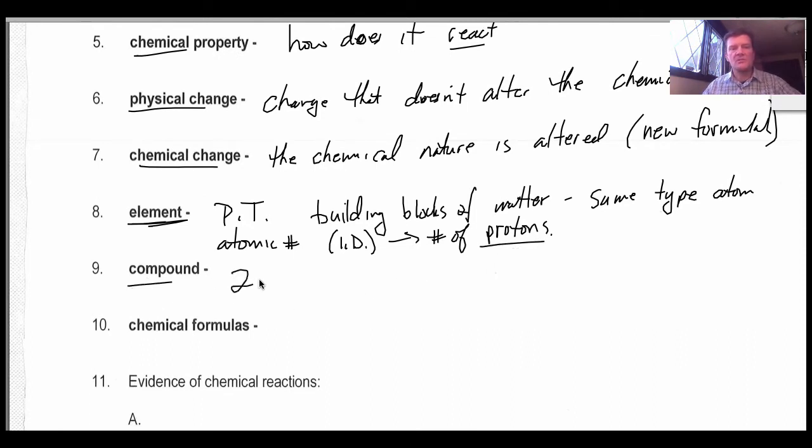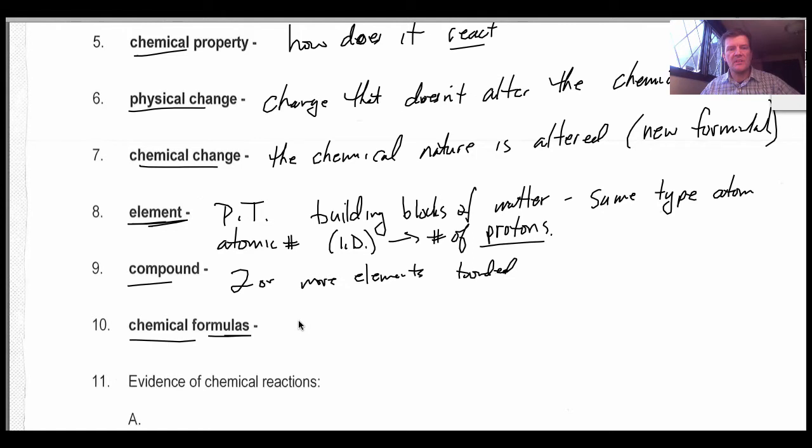A compound is two or more elements bonded. And then chemical formulas, it is a device that we use to describe what elements and how many atoms of each element are in that compound.